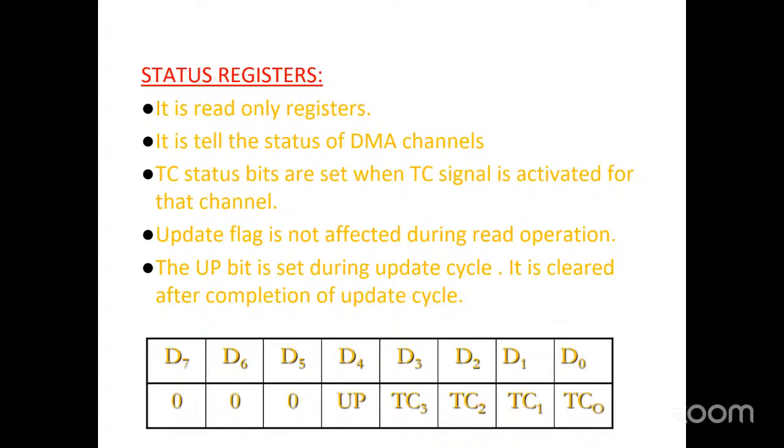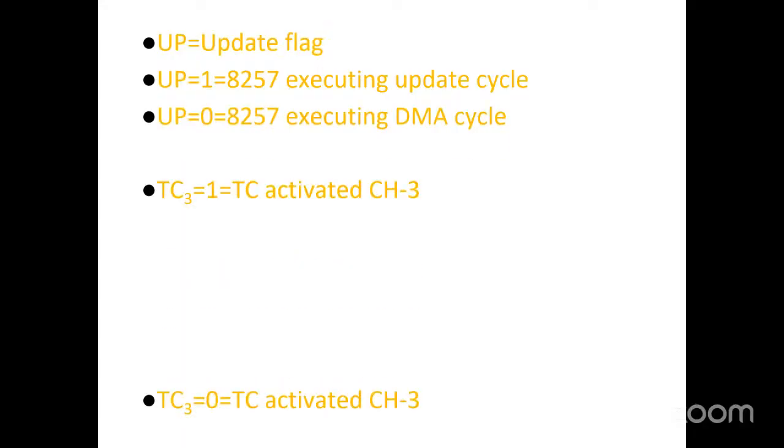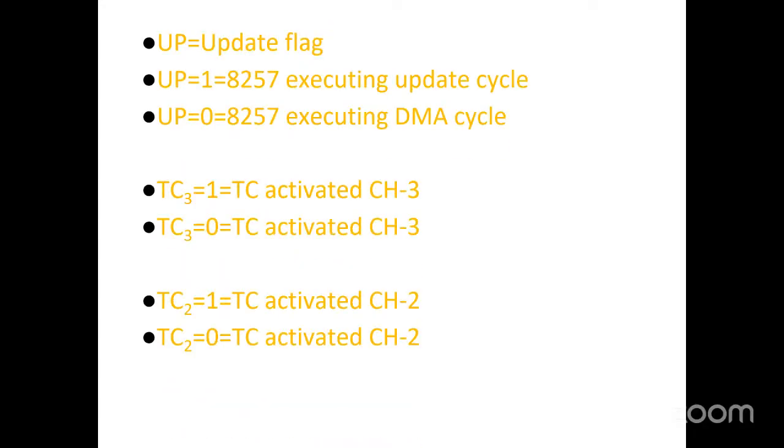For example, TC0 is equal to 0. ఈ ప్లేస్ లో 1 ఉంటే the channel 0 is active. The device connected to channel 0 is active. Otherwise, no. Same story for this. TC2 equal to 1 means the TC is activated for channel 2.